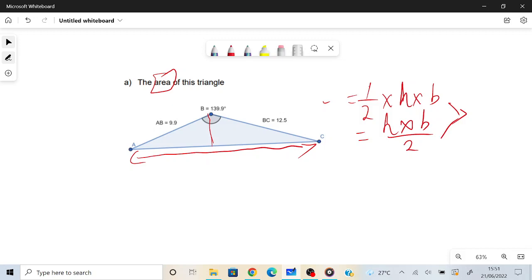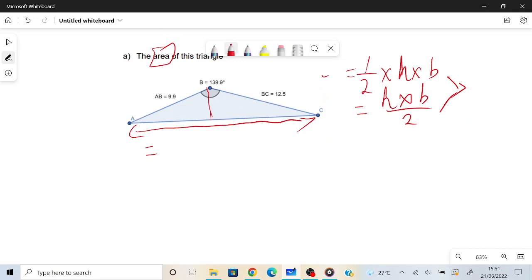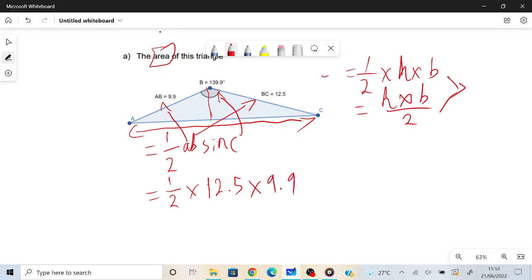The answer is that there is a formula especially for these type of triangles, and the formula is equal to half AB sine C, where C is the angle that they give, and A and B are respectively the sides right next to that angle connecting that angle. So this eventually becomes half into 12.5 times 9.9 times sine of 139.9.